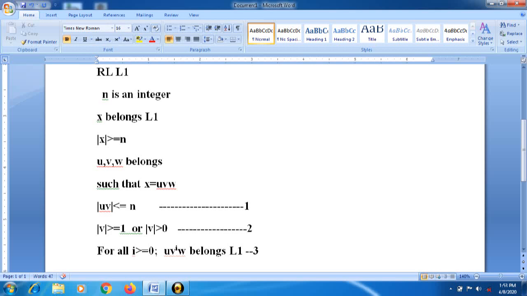If any language satisfies these three conditions, then that language is considered a regular language. Otherwise, that language is not a regular language.